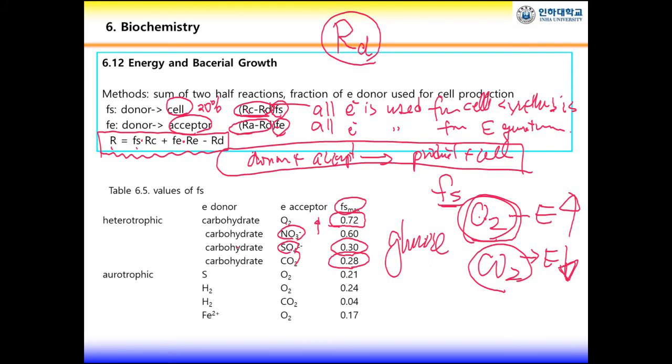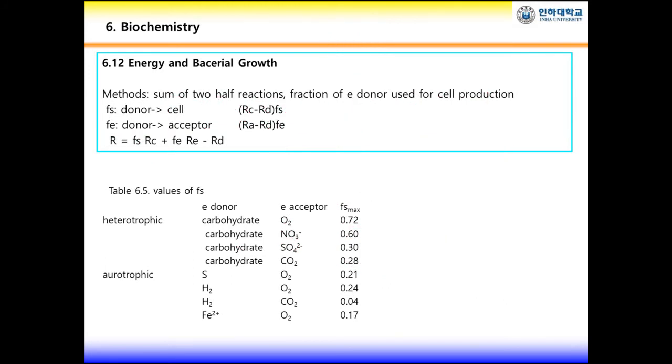Okay, one more thing. What are heterotrophic and autotrophic reactions? If you look at this, in heterotrophic reactions, the electron donor is organic material. On the other hand, in autotrophic reactions, the electron donor is inorganic material.